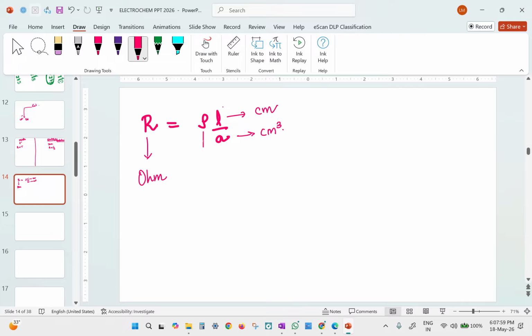And therefore rho will become ohm centimeter. Rho is defined as that much resistance when L is 1 and A is 1.